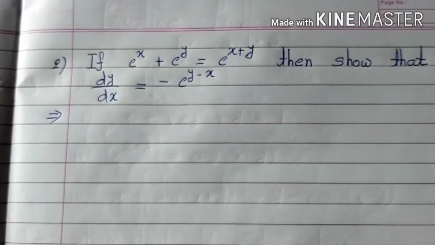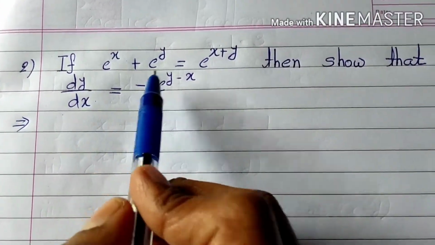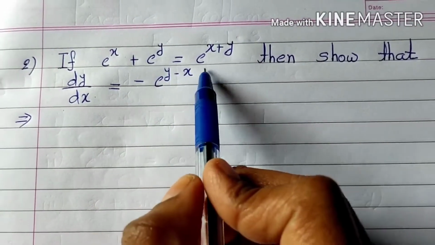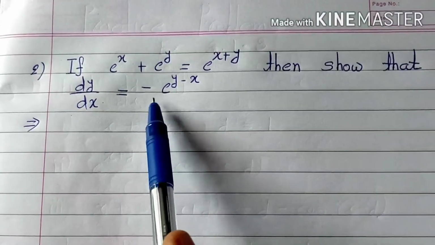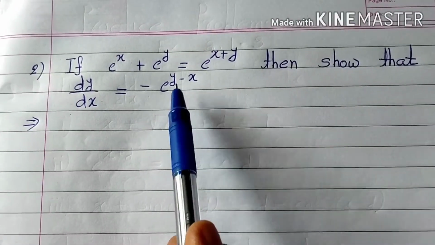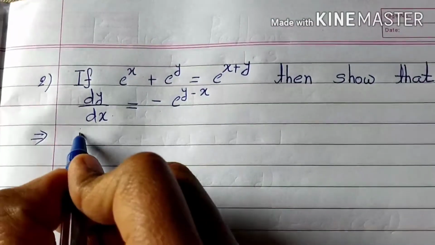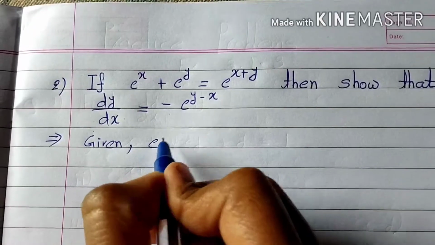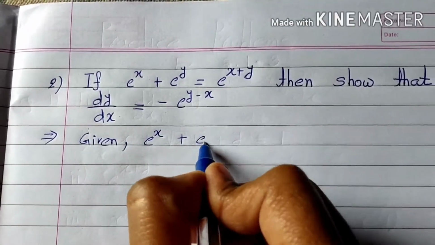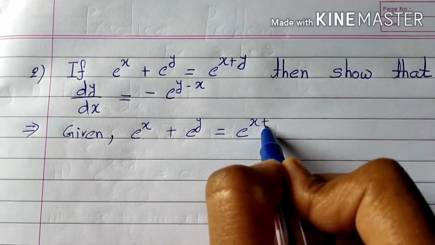Now the next example is: if e raised to x plus e raised to y is equal to e raised to x plus y, then we have to show that dy by dx is equal to minus e raised to y minus x. So first write the given. What is given? e raised to x plus e raised to y is equal to e raised to x plus y.